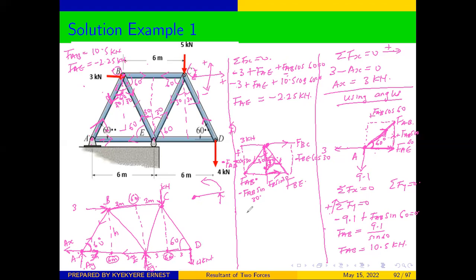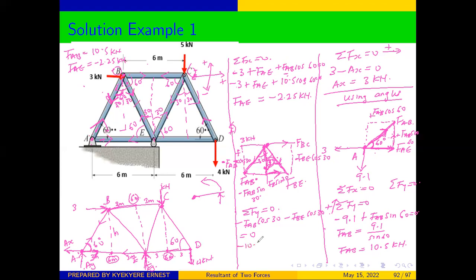And from here, we can apply our equilibrium equations. Sum of all forces in Y is equal to 0. Let's put all the Y together. Here, we only have the Y component for this side and the Y component for this side, which will give us negative FAB cos 30, and this side also negative FBE cos 30 equals 0. As we have already calculated, our FAB is 10.5.